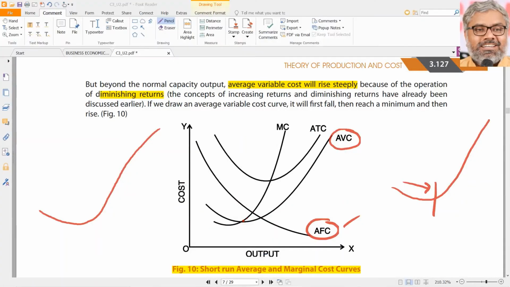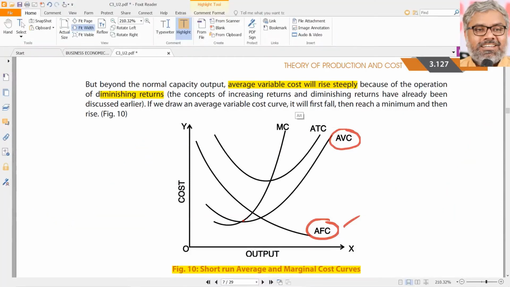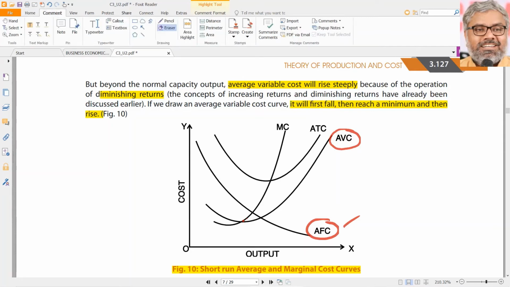Okay, that is the average variable cost curve. So the average variable cost curve will first fall, reach a minimum, and then rise. That's what we can observe in figure number 10 related to average variable cost.